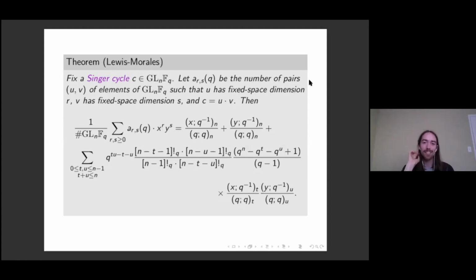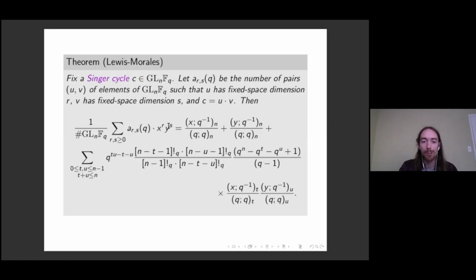So if you fix a Singer cycle, and I highlighted that because it's true for a more general class of elements we'll talk about later, but at least it's true for Singer cycles, you can now count factorizations of the Singer cycle into elements where instead of requiring them all to be reflections, you can just specify what you want the fixed space dimension to be for each of them. I just wrote it down for the case of 2 factors, so that would fit on the slide, although the more general case is not too difficult to write down.